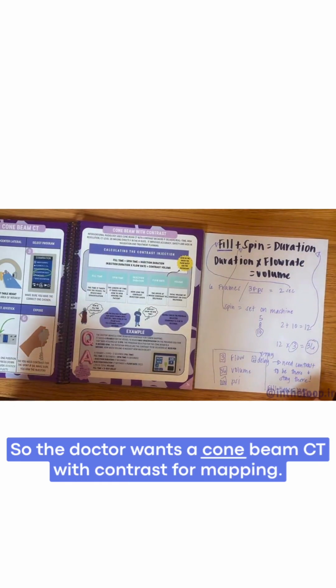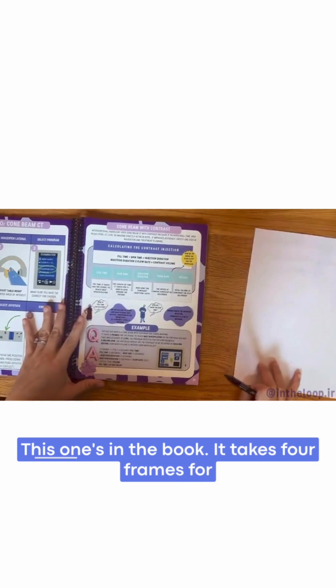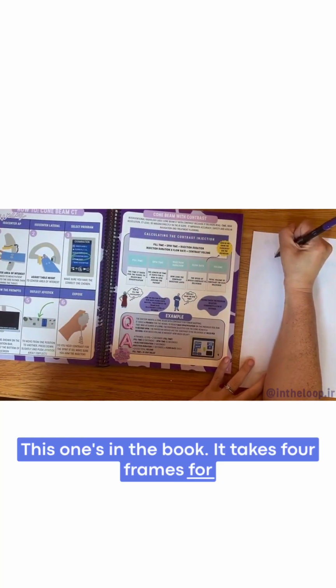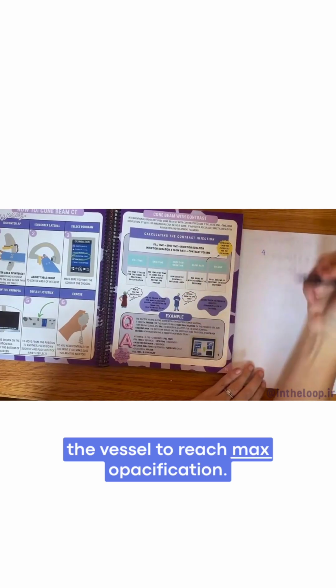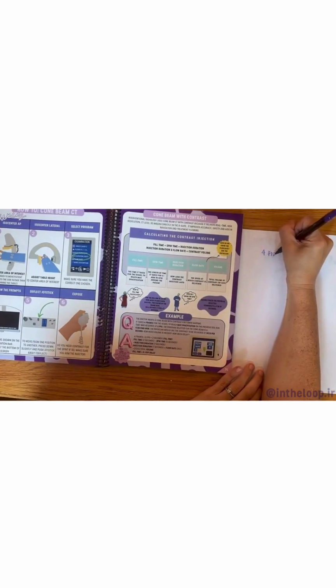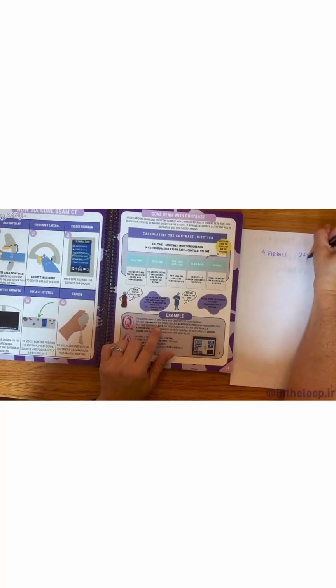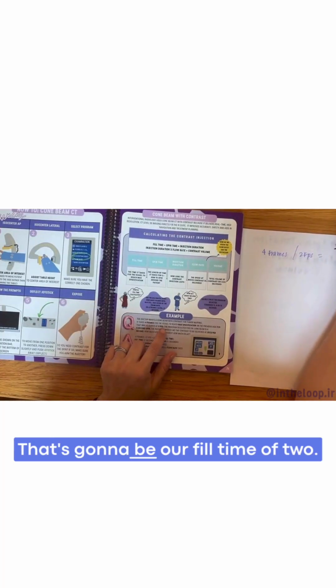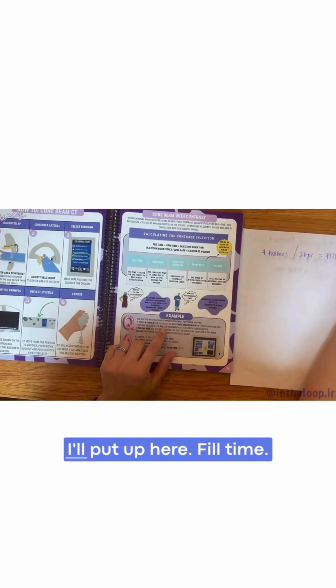The doctor wants a cone beam CT with contrast for mapping. This one's in the book. It takes 4 frames for the vessel to reach max opacification. The run was acquired at 2 frames per second, so we're going to divide that. That's going to be our fill time of 2.